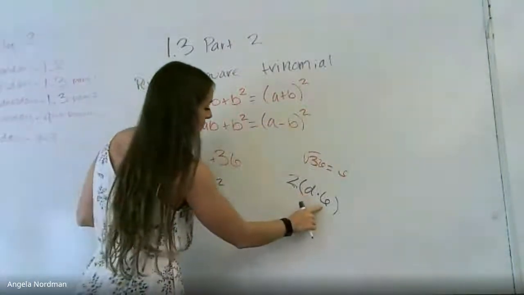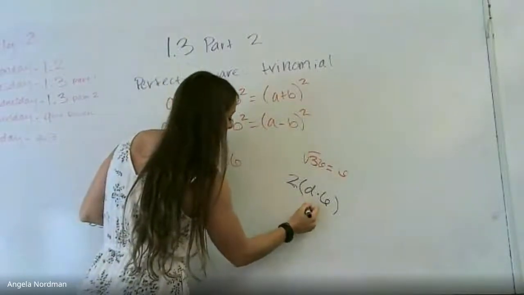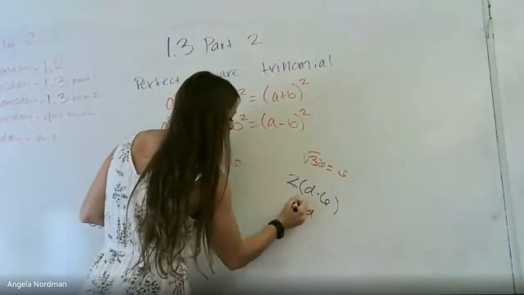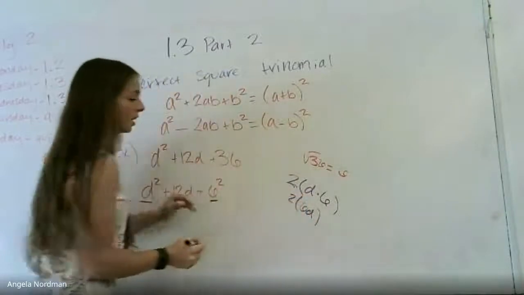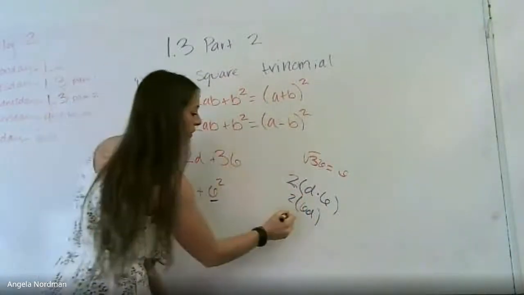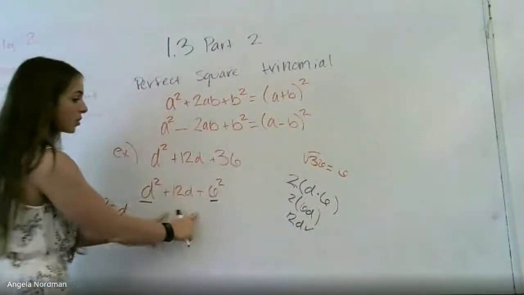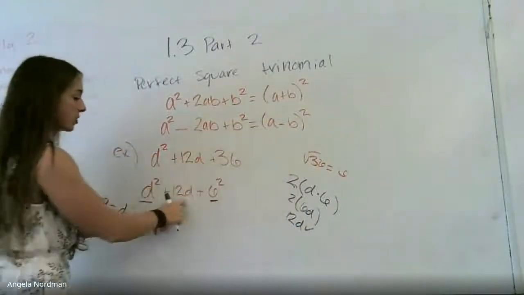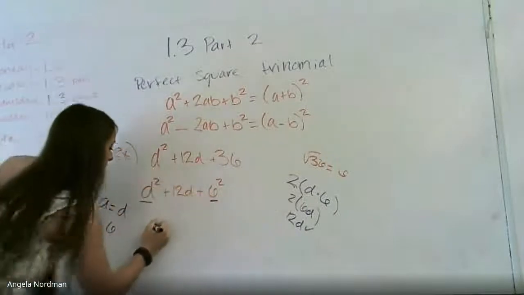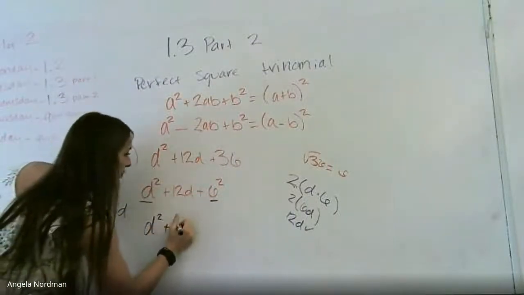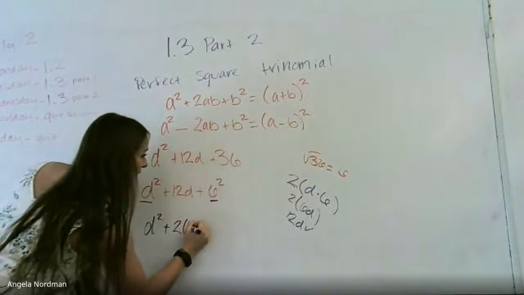So d times 6 is going to be 6d, still times 2. 2 times 6d is going to give me 12d. That was what I had in the middle, so this is just a different way of writing it. Since they're equivalent, that means that I'm able to write this in the form that I need to.